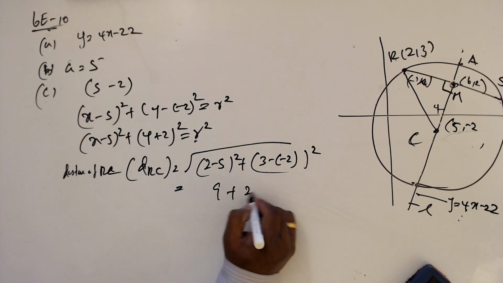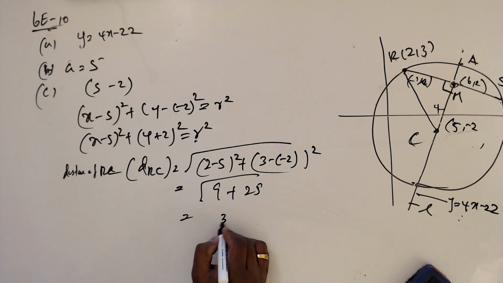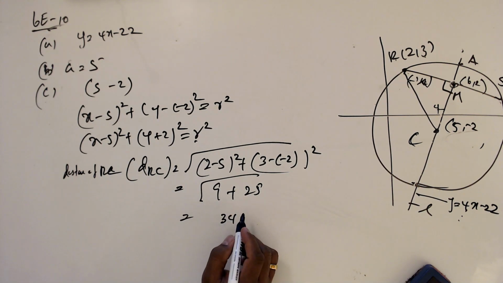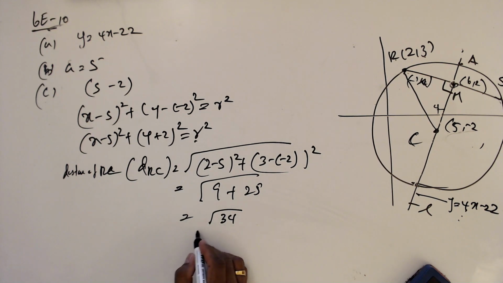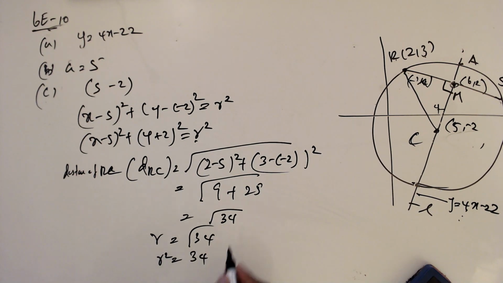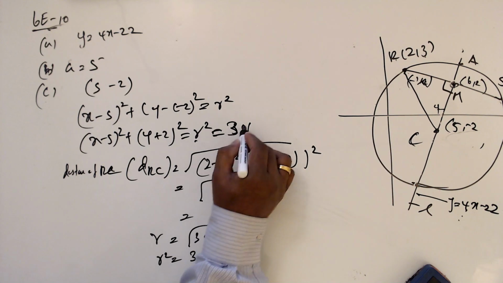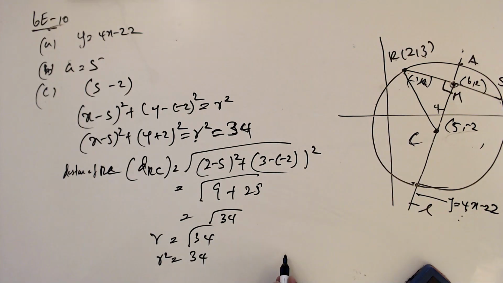This is 5 squared, 25. This is going to be the square root of 34. R equals the square root of 34, so R squared equals 34. So this is the equation of the circle.